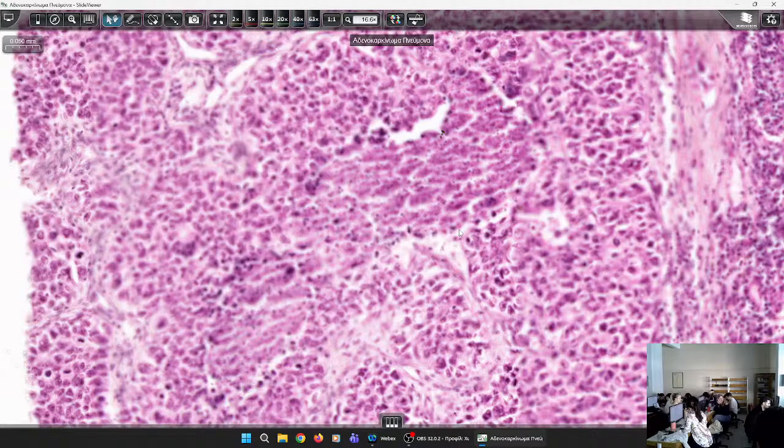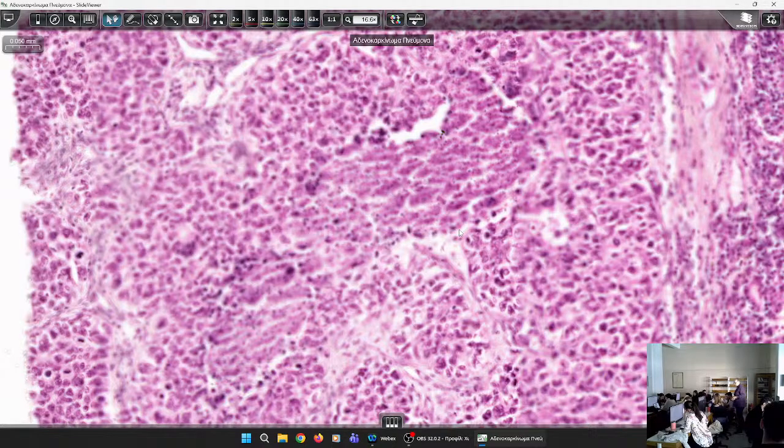And such a marker, with somehow questionable specificity, of course, because it can be expressed in other tumors, is napsin A. So if the patient's history is free of cancer and you have napsin A immunoreactivity in the malignant cells, either the glandular structures, the cribriform structures, or the solid structures, because all these grades are part of the same tumor, you can identify it as primary adenocarcinoma and stage it accordingly.